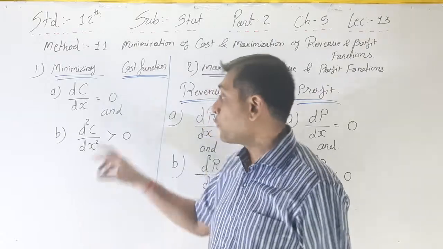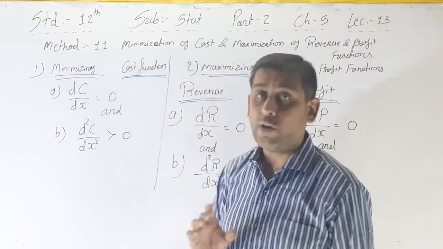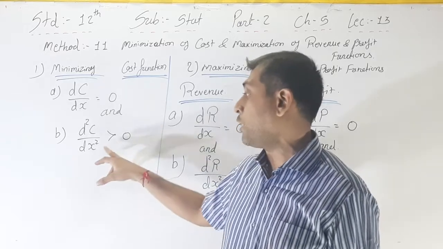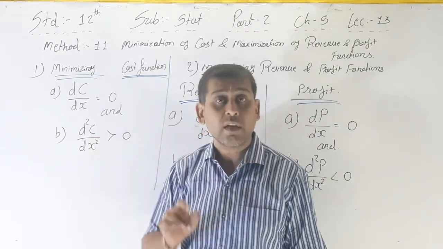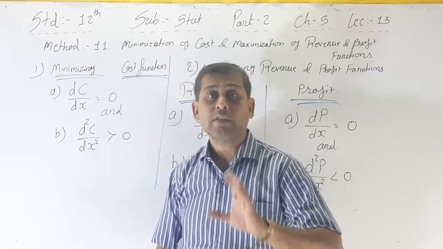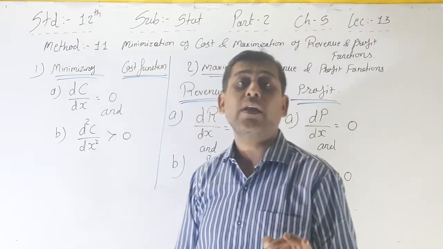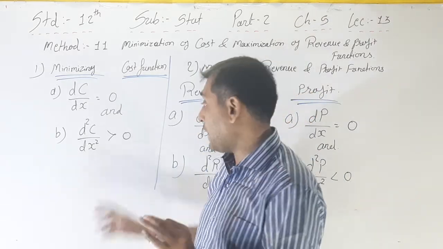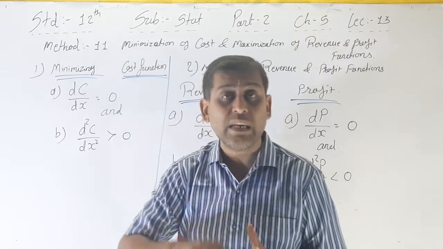Because here we have to use that X to put the value into the second derivative of the cost function, right? If the value is greater than 0, that is a positive answer, then we will say that at the stationary value of X the cost function is minimum.